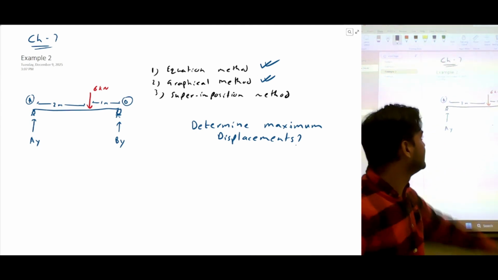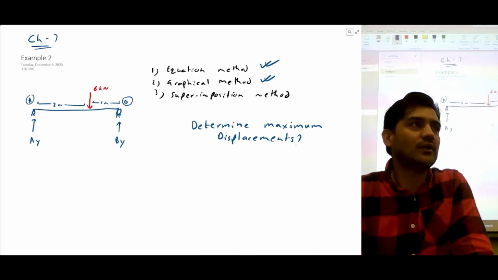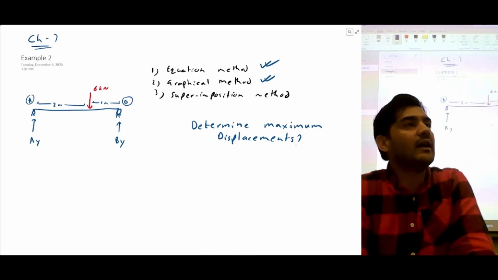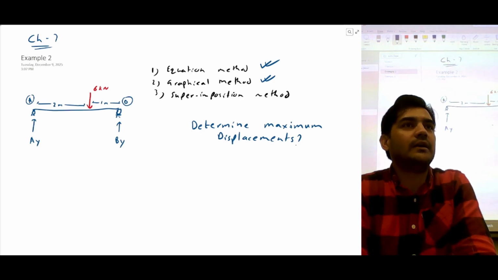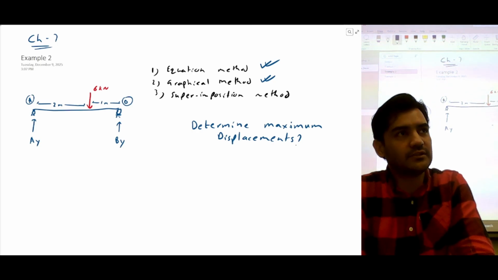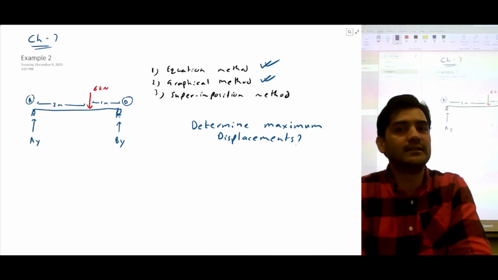So what we have to do in this simply supported beam is that we have to calculate reactions first, then we have to cut a section, we have to expose internal loads, and we can formulate the equation for shear forces and bending moments, and we can also formulate the equations for the bending angle and the displacements.